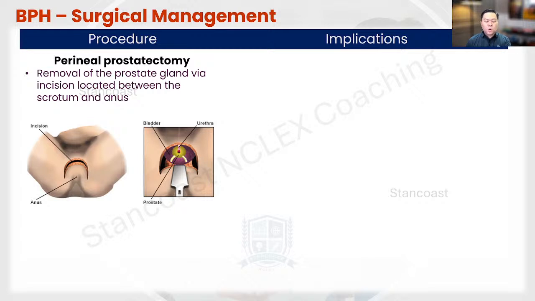And so this is going to cause minimal bleeding, okay, they say. But because of the location of the incision, the patient really is at a higher risk to develop infection because of the proximity to the anus. Again, infection control post-op is challenging in this case, all right?